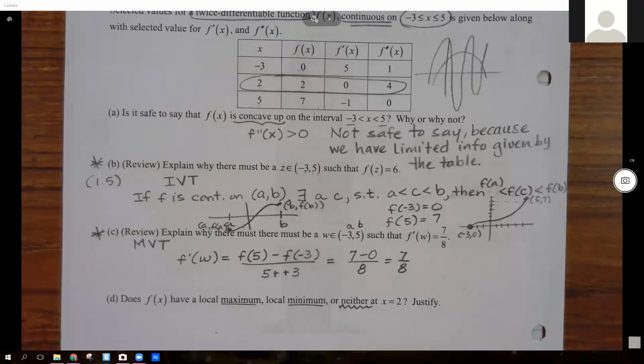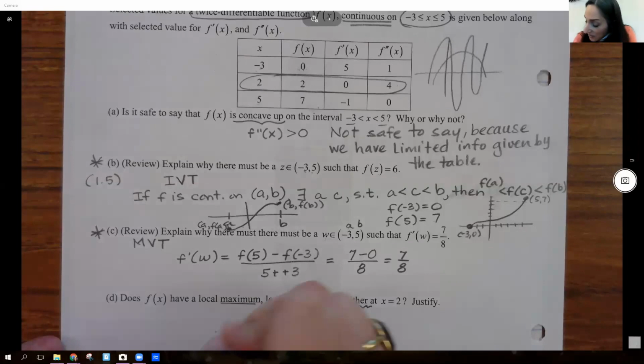Me too. Ditto. Okay. Any arguments for it being a max or a min? Anything? No, nobody wants to put up a debate about this. All right, I'll give in. So this is neither.